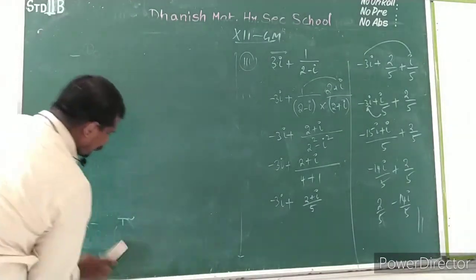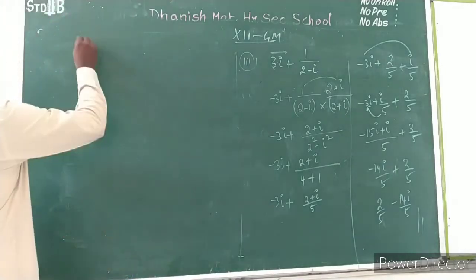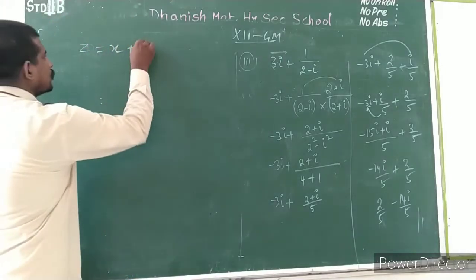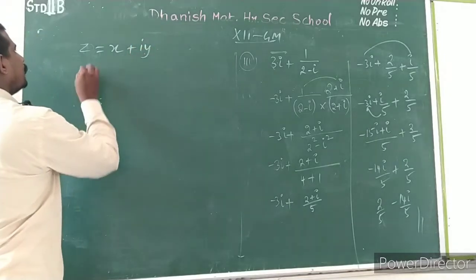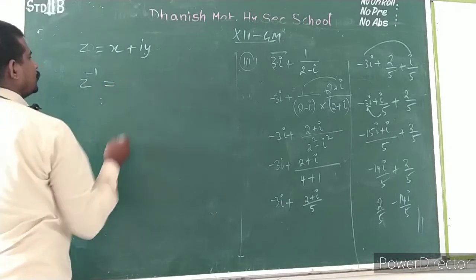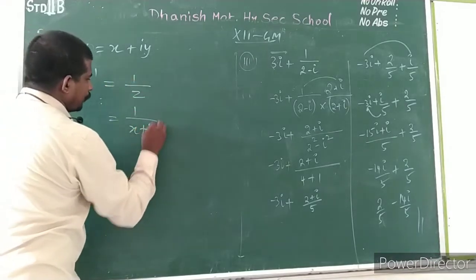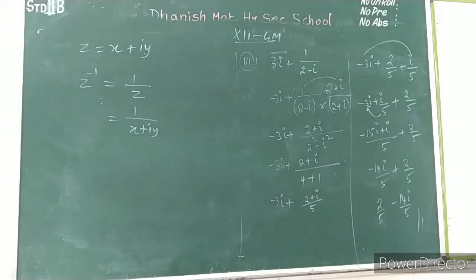Suppose if I have a complex number z equal to x plus iy, then the inverse of this will be z power minus 1 equal to 1 by z. That is 1 by x plus iy. Then I will proceed the sum.